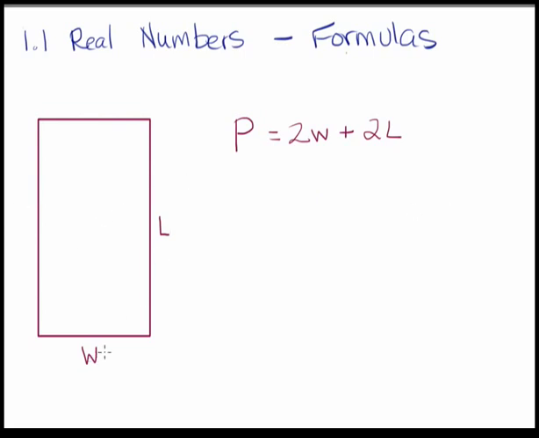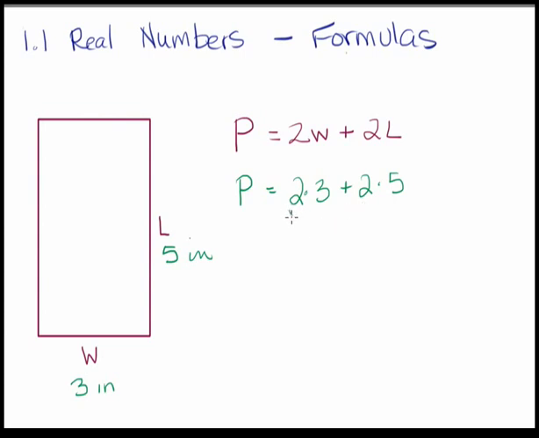If this rectangle has a width of 3 inches and a length of 5 inches, then its perimeter must be 2 times its width plus 2 times its length.